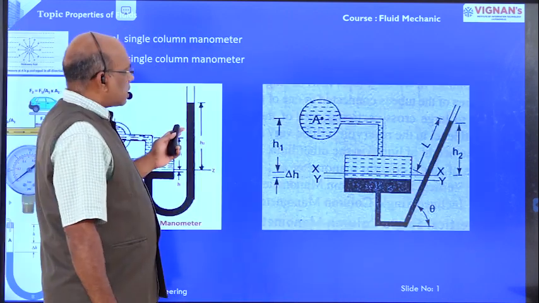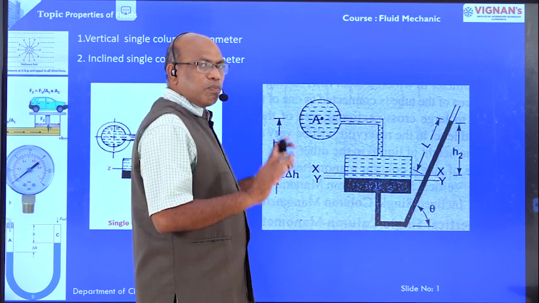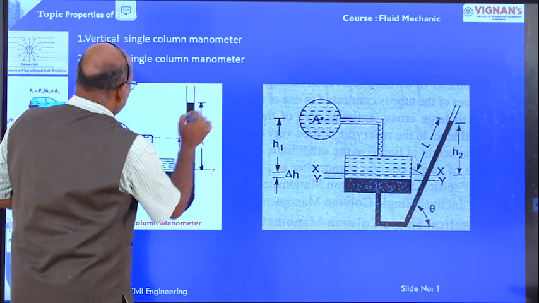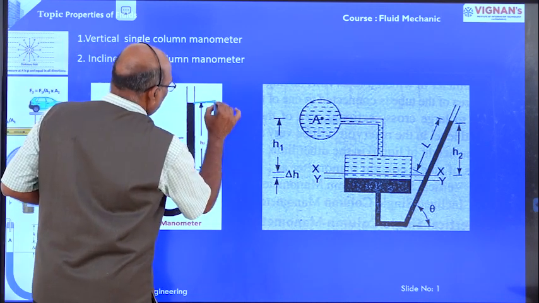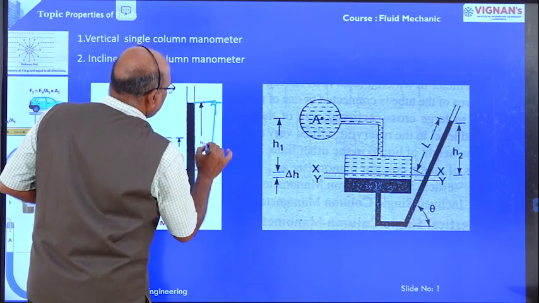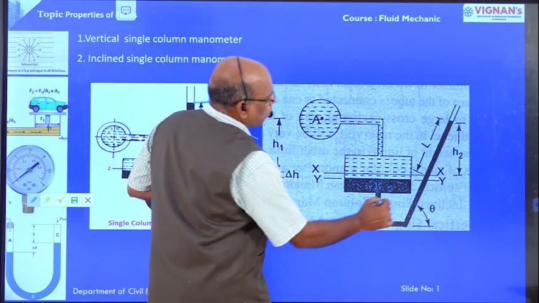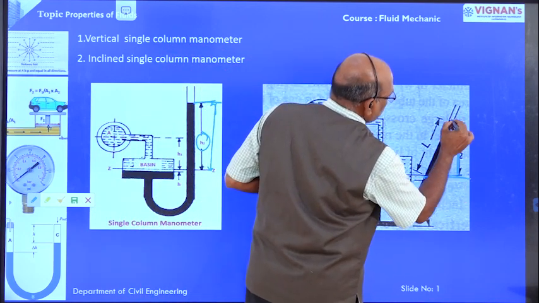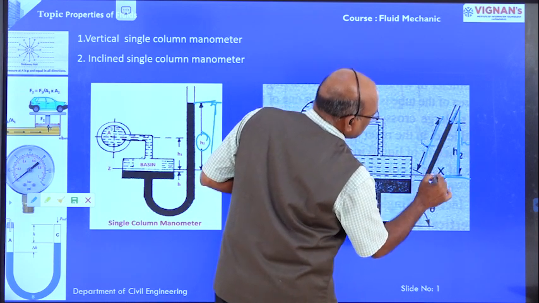Right? Vertical single column manometer and inclined single column manometer are both the same. Only in the case of the vertical single column manometer, the mercury level in the right limb is taken directly. This is H2. Whereas in the case of the inclined single column manometer, this is H2 and this is L. This is theta.